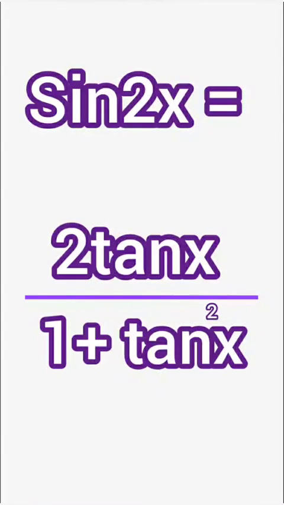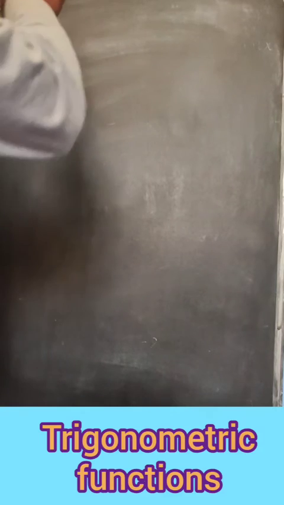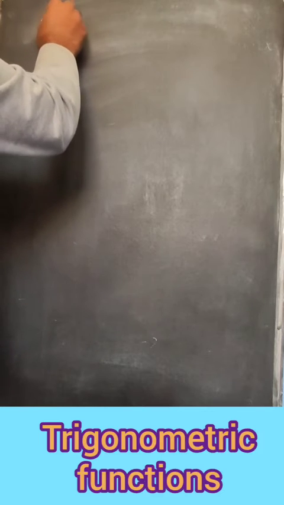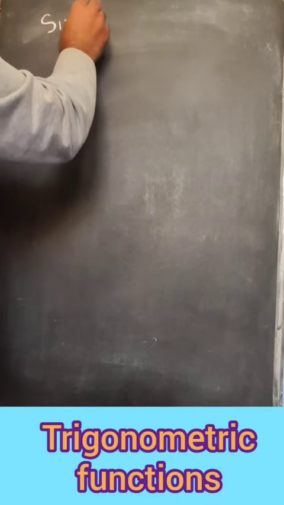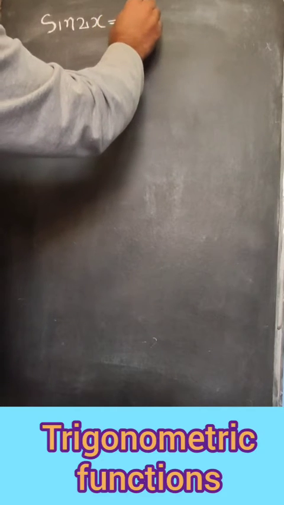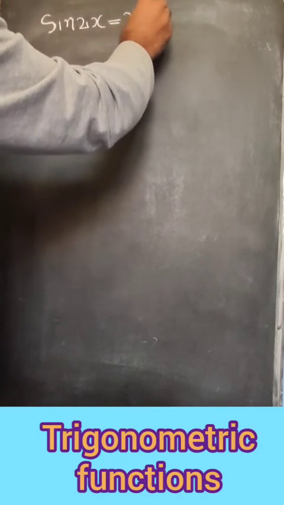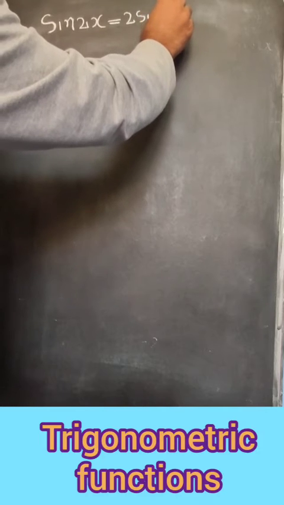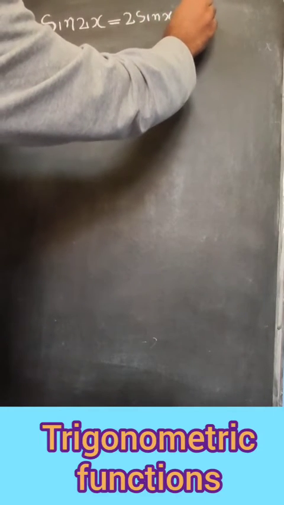Now we will write sine of 2x in terms of tangent of x. That is, sine of 2x is equal to twice tan x divided by 1 plus tan square x. We know that sine of 2x is equal to twice sine x cos x.